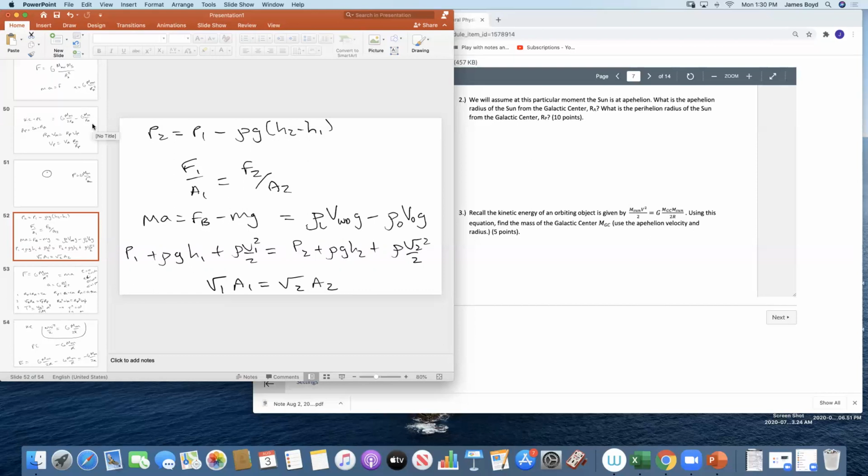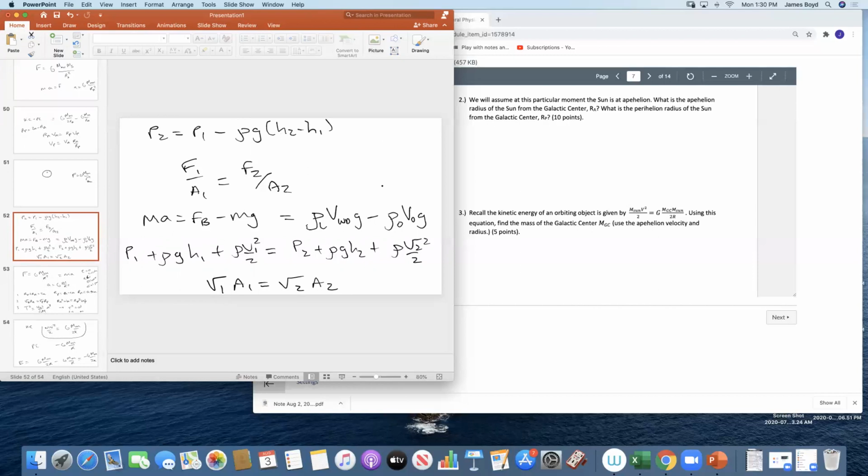So if you sink below the surface, or if you go above the surface of the Earth, the only thing I would caution you is make sure that H2 and H1 are correct sign-wise. Make sure that you know that H is positive away from the center of the Earth, right? So y goes positive up in the air. Otherwise, you're going to get bad numbers. And your book kind of gets confusing about that. Just say that H2 is your final.